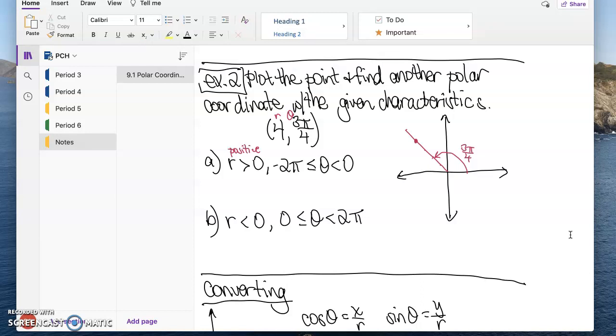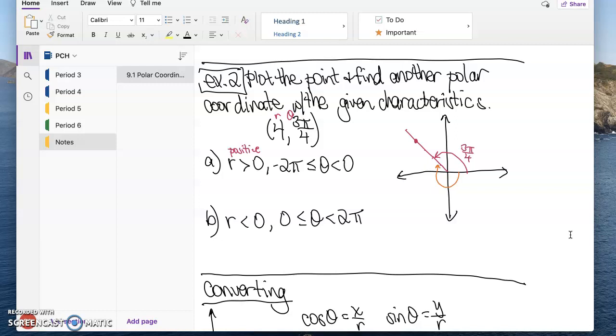The negative angle means I'm starting on the positive x-axis and rotating clockwise. So maybe something like that. And that's the only way to get an angle between negative 2 pi and 0, is to go from the positive x-axis. I can't do a full circle and then some because then I'm not going to be in that interval.